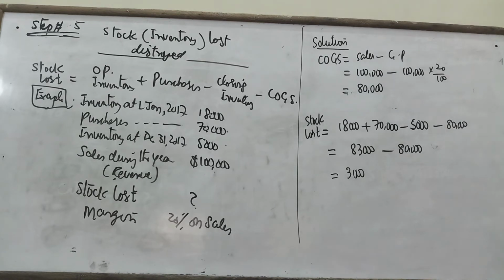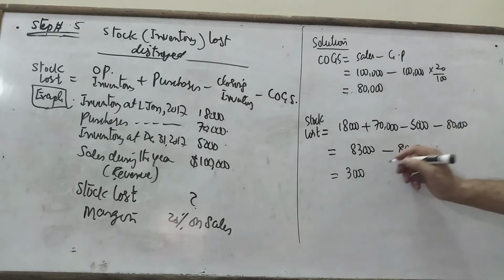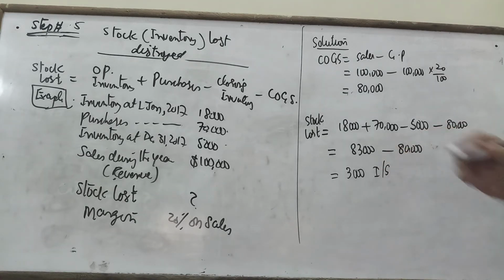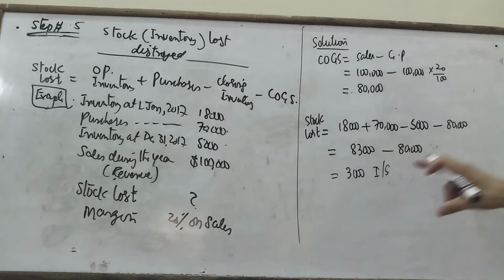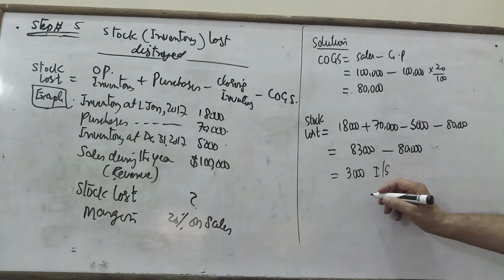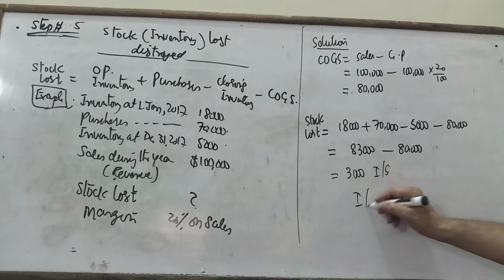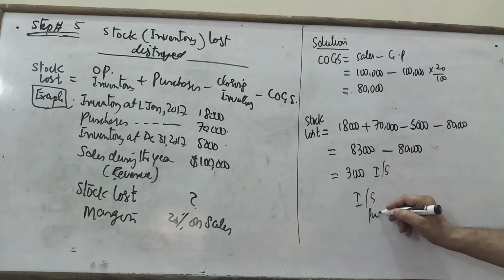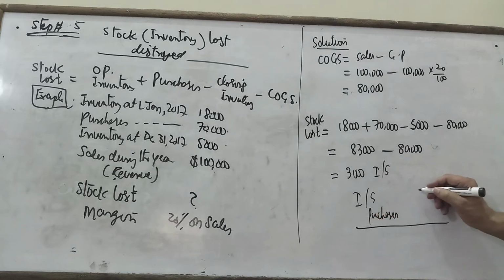This you have to calculate yourself. Stock loss is 3,000 and this stock loss will be transferred to the income statement as an expense. You must know the double entry of stock lost: income statement debit and purchases credit. This might come in MCQs.